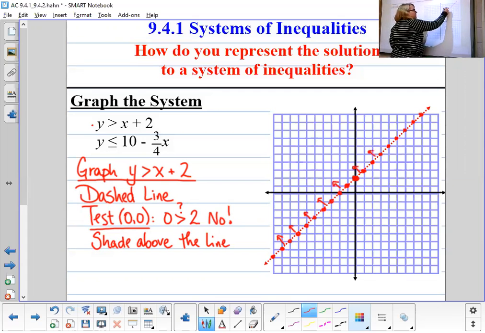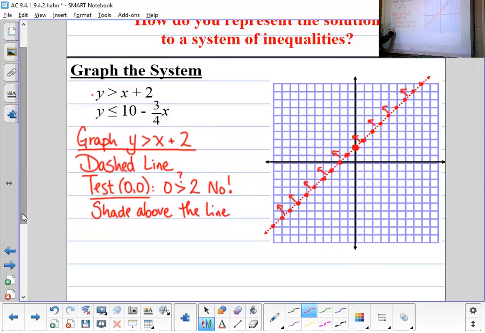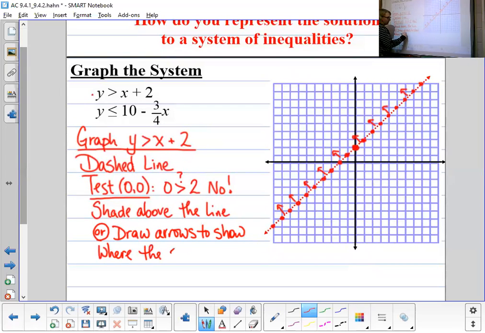So that's what I'm going to do. And I really only do this when I'm graphing a system of inequalities, not a single inequality. So you can shade or you can draw arrows showing where the shading would be. Okay, so that's my first inequality.